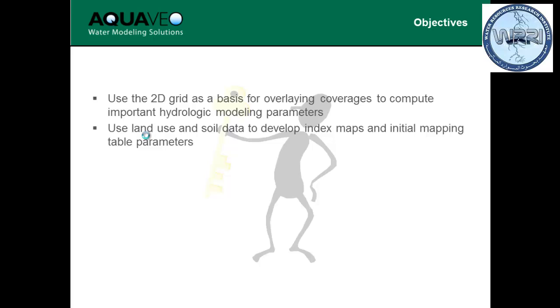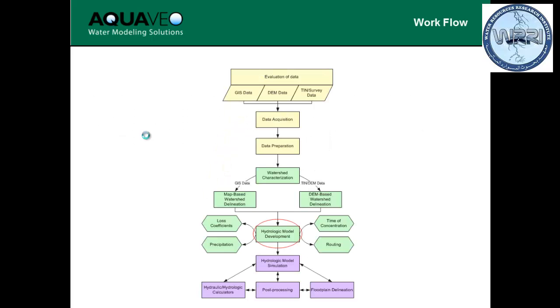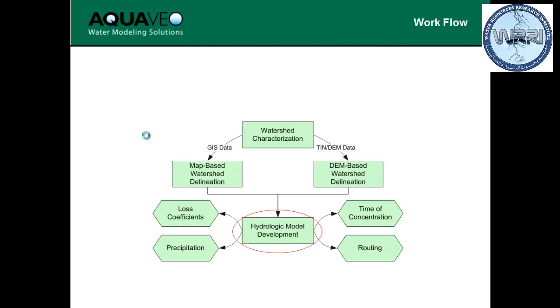And we're going to talk about how to create index maps. So the way you create index maps is kind of like how you create curve numbers. You define your land use layer, your soil type layer, and then usually you'll combine the land use and soil type into a combined layer, and then you can define parameters for each of those layers.